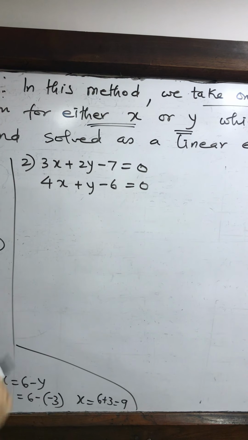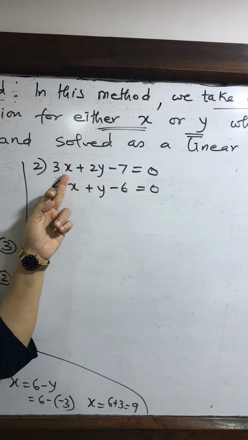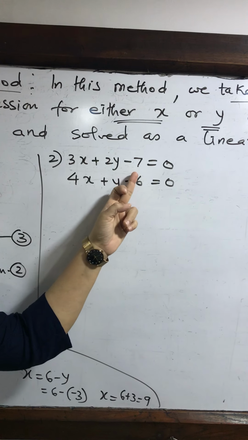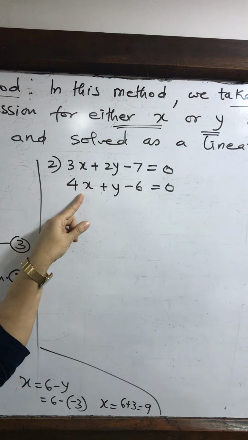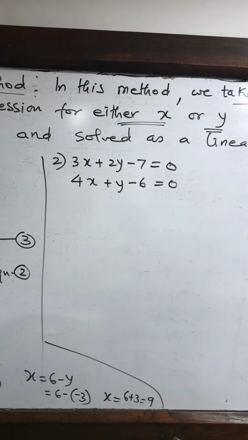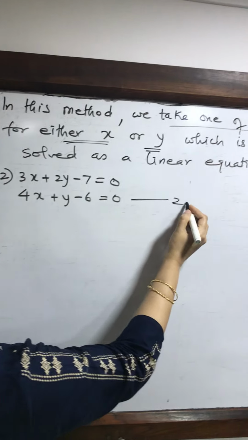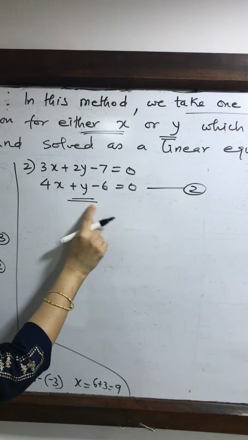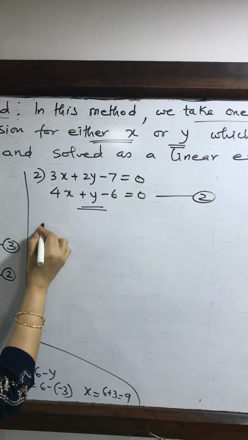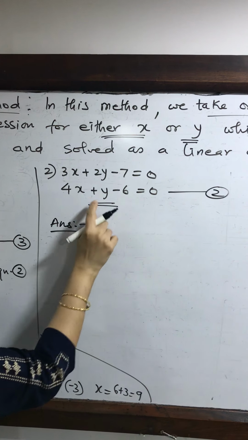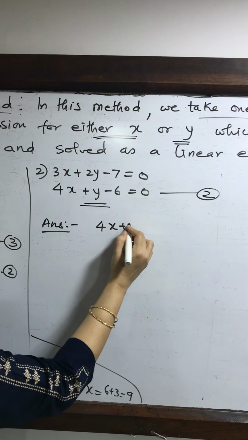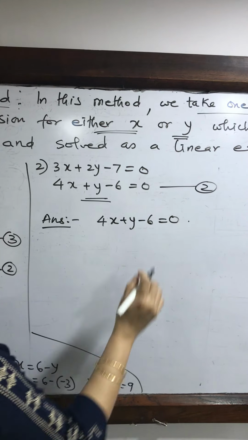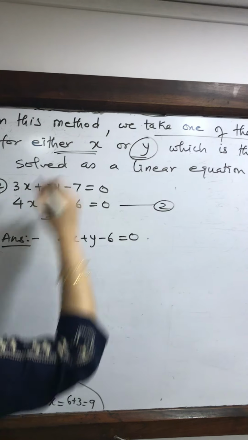In this second example, the equation 1 is 3x plus 2y minus 7 equal to 0, and equation 2 is 4x plus y minus 6 equal to 0. The second equation is simpler because there is coefficient 1 to y. So this is a simpler equation which I will choose to make an expression for y.